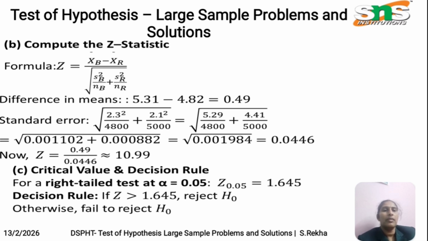Here the alpha is 5% and it is a right tail test, so the critical value will be 1.645. The decision rule is that if z is greater than 1.645, we will reject the null hypothesis and accept the alternate hypothesis.